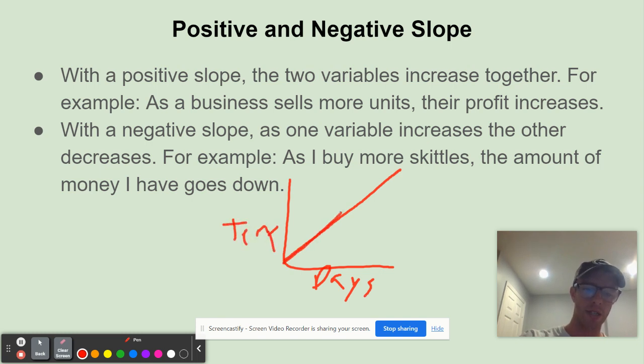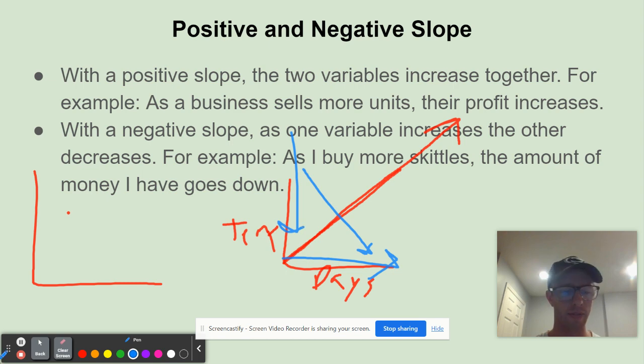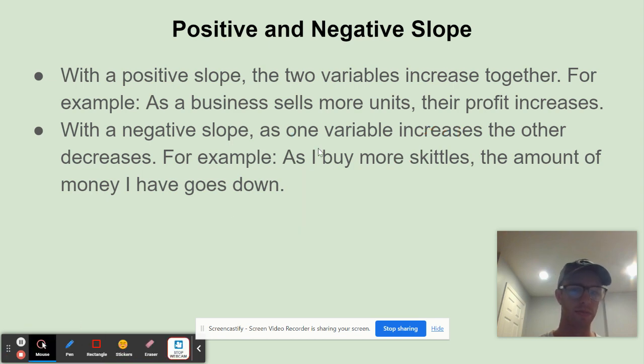As the amount of days goes up, the temperature also goes up. For a negative slope, say we had the same graph. Actually, let's just draw a blue line here. On the blue line, as the days go up, the temperature is going down. That is a negative slope.